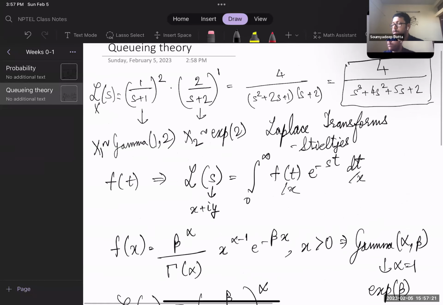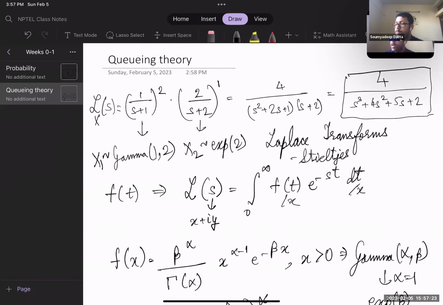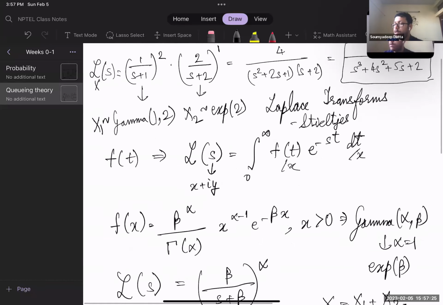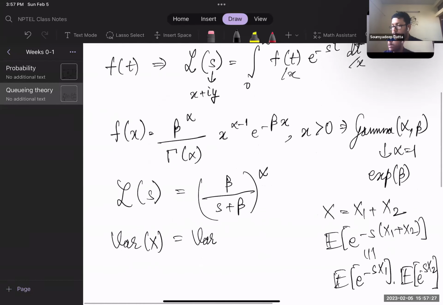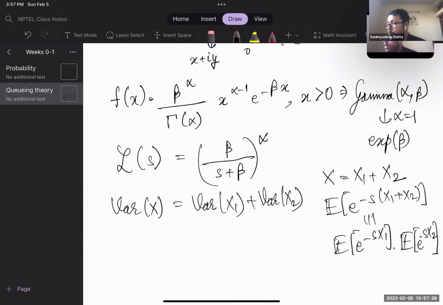All of this factorization tells you that I have two independent random variables being added up here. So the variance will also be the sum, because these are independent, so you can eliminate the dependent term. The variance will be the sum of variance of x1 and variance of x2.